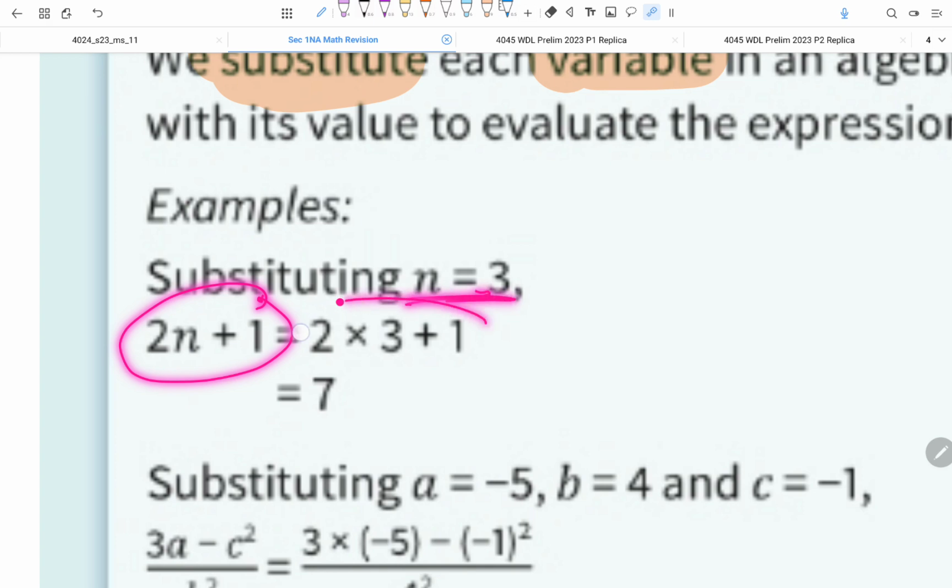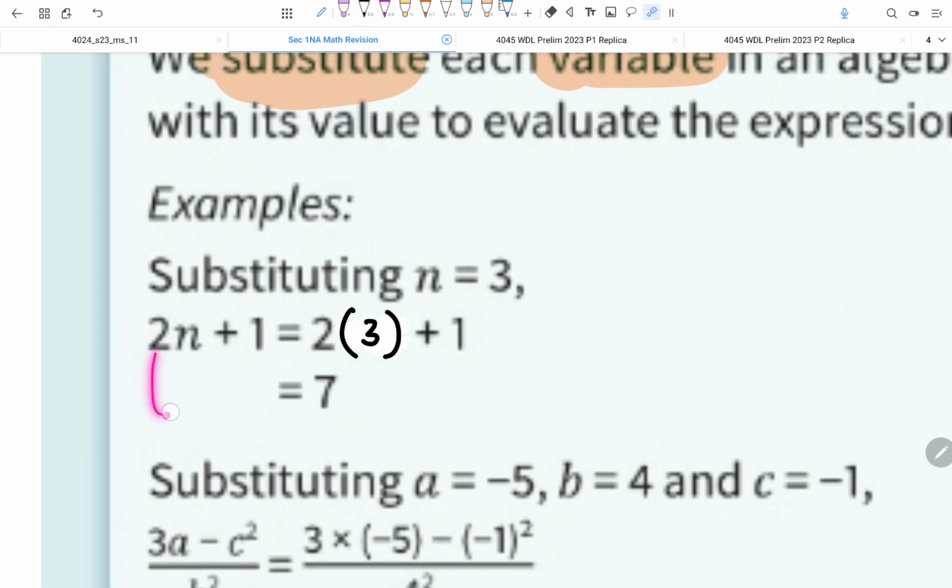Now how to do it? Usually we don't do it like that. We have been teaching you that when you substitute, please use brackets. So 2 bracket 3. Alright, 2 substitute 3, 2 bracket 3. And then don't forget there's a plus 1. The result, press calculator, 7.